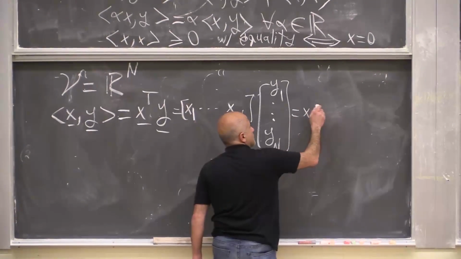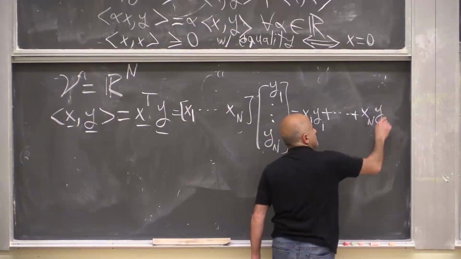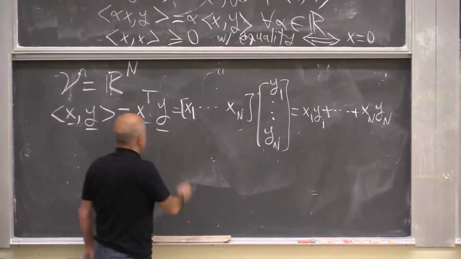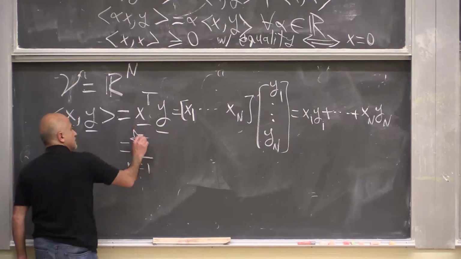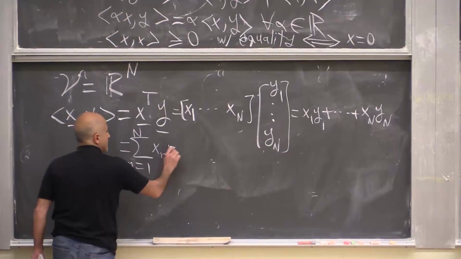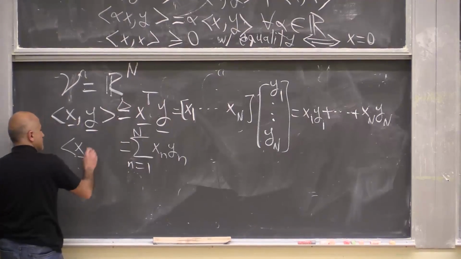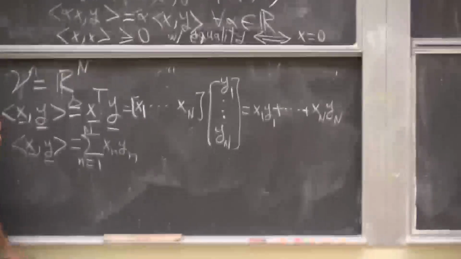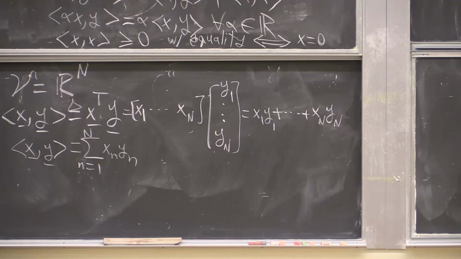And that's x1 y1 plus all the way to xn yn, which I can, of course, write in summation form as the sum over small n going from 1 to n of x_n y_n. Okay, so this is how we're going to define our inner products for our Cartesian vectors. All of this we've done, and it's review.